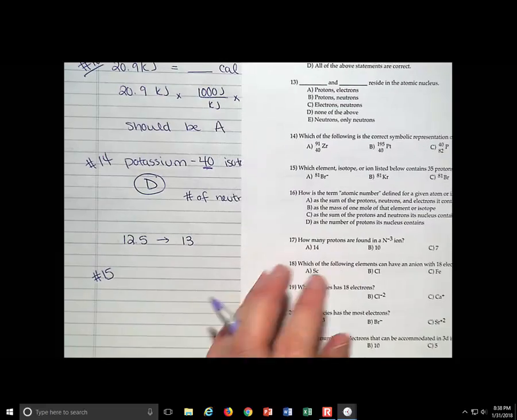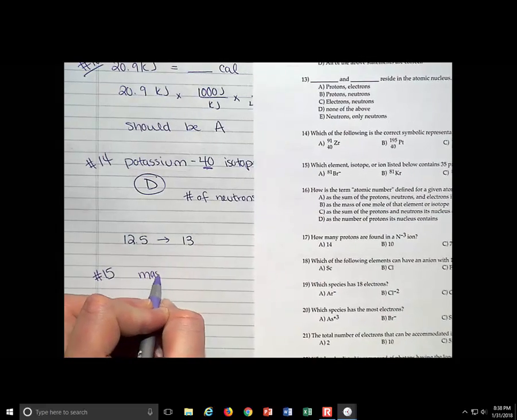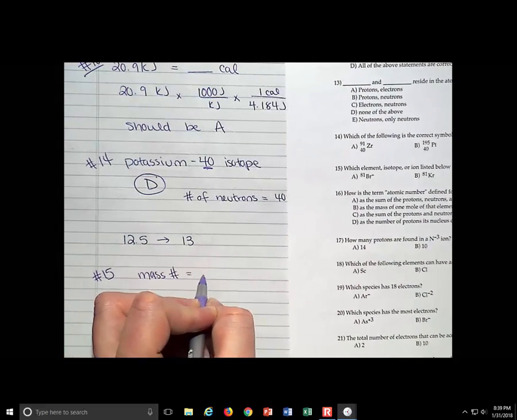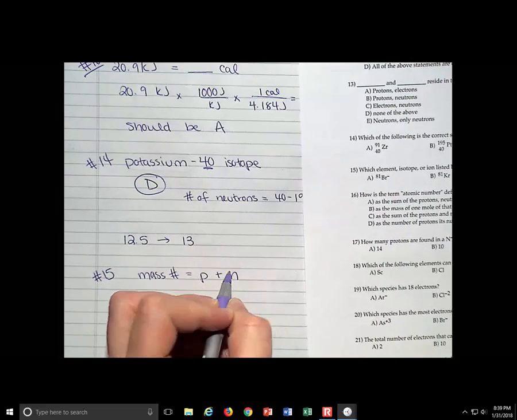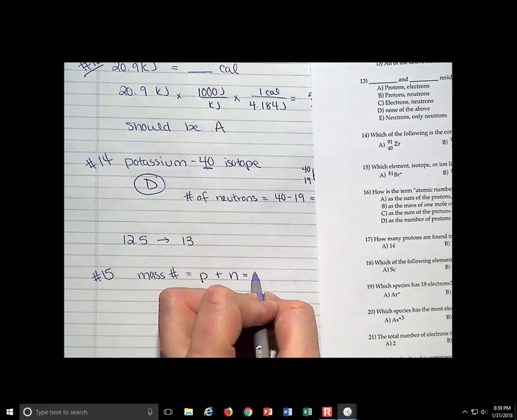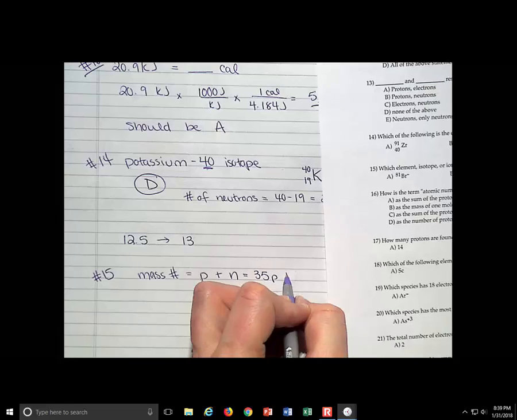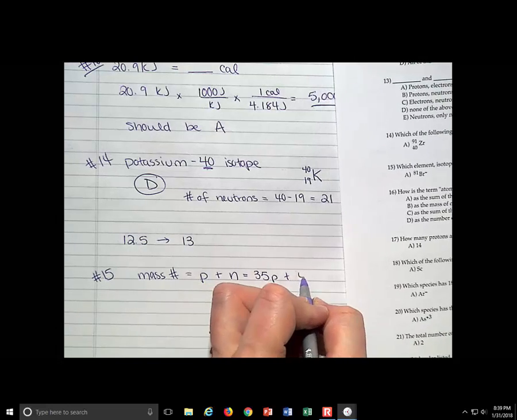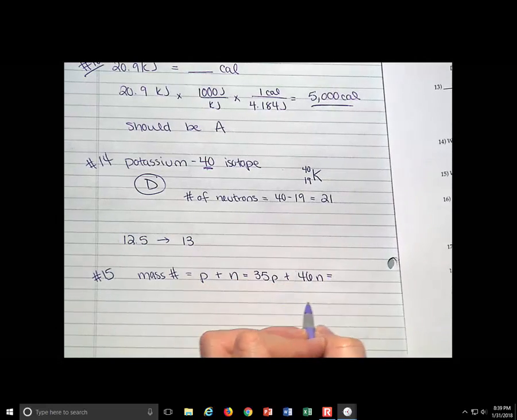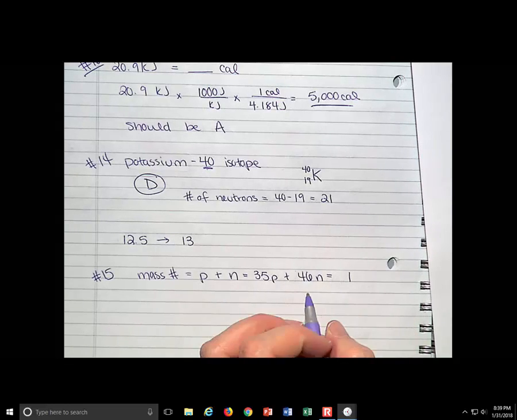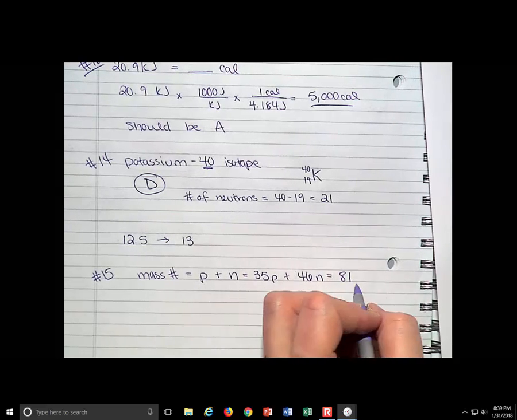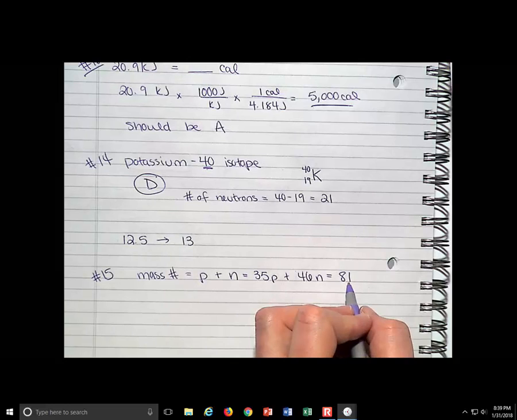So the mass number is protons plus neutrons, and that's going to be equal to 35 protons plus 46 neutrons. So 81 should be my mass number.